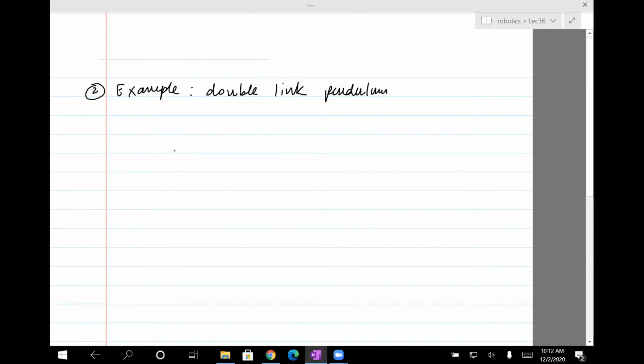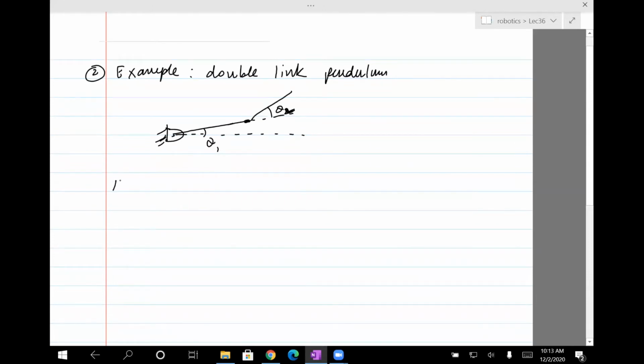The equations of the pendulum are derived with the horizontal in mind, which means that this angle is theta 1 with the horizontal and theta 2 is the angle with respect to the first link. So that's the two link pendulum.